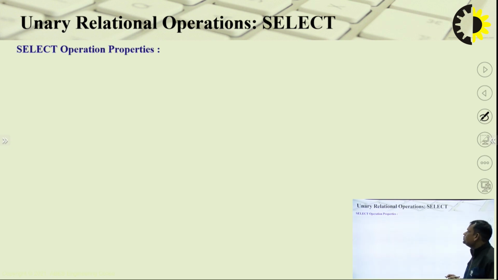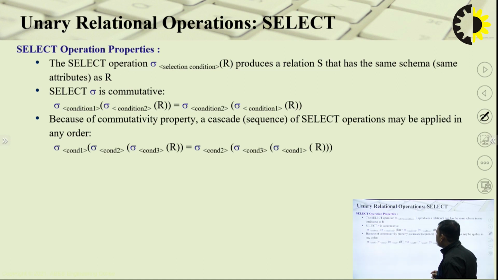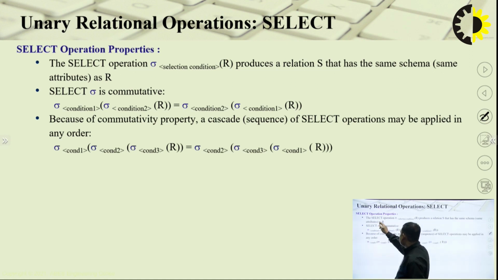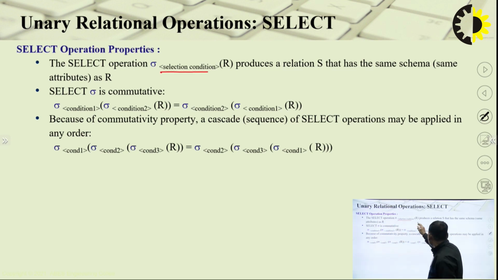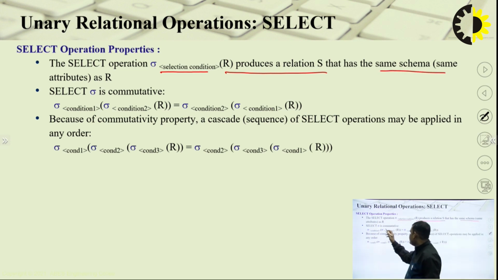The next relational operation is the selection operation. Selection operation properties. The first property: the selection condition applies to the relation name, and the condition is over the attributes of the relation schema R. The second property is that the selection operation is commutative.